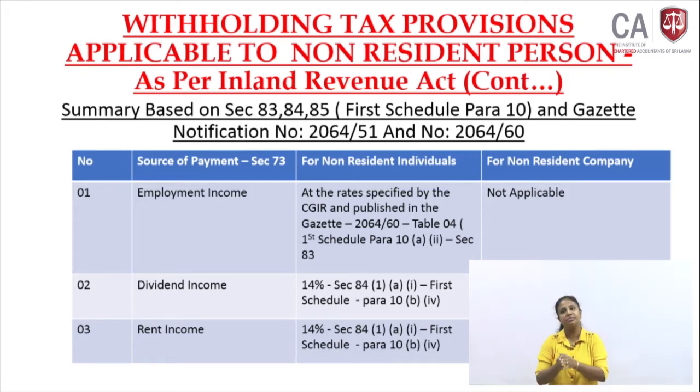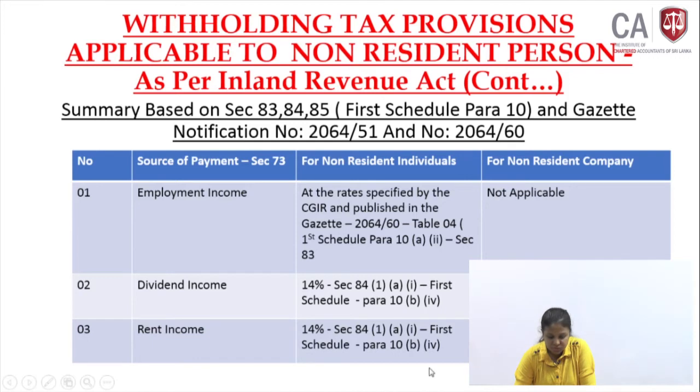Can you remember under section 88 subsection 1D, it's very clearly mentioned that if the payment is made to a non-resident person, other than payment derived through the permanent establishment, all other payments are final withholding payments. Therefore, this is subject to section 88. Keep in mind that one also.